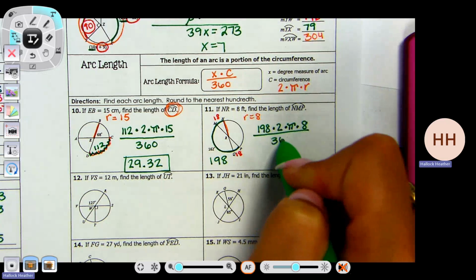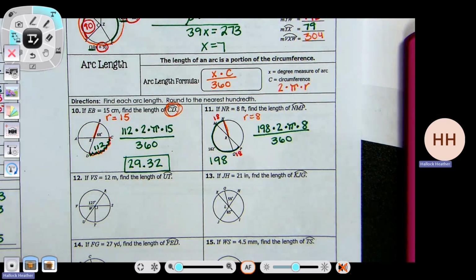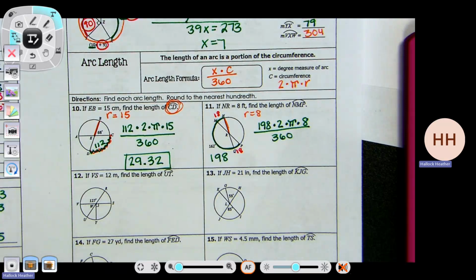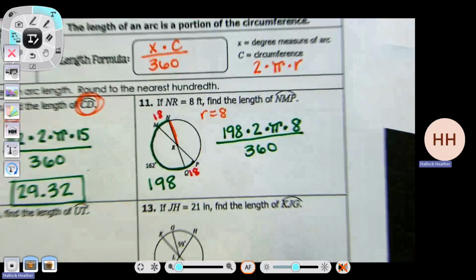divided by 360. So take a second and see if you can do it in the calculator. 198 times 2 times pi times 8, equals. Divide by 360.